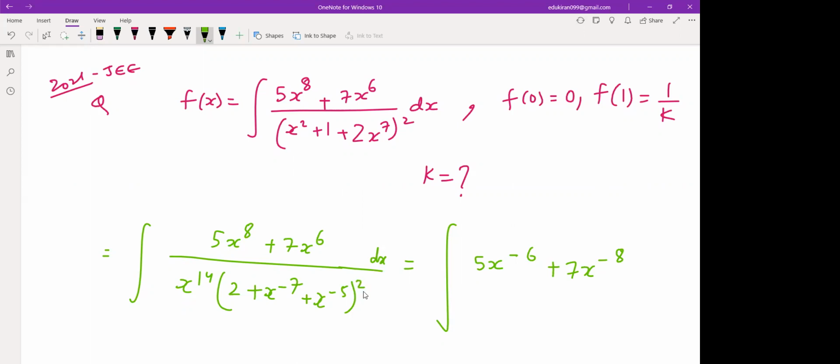We get minus 7x to the power minus 8. Okay. Yeah, I think it will work, because when you differentiate this one, this becomes 2 plus x to the power minus 7 plus x to the power minus 5, dx.